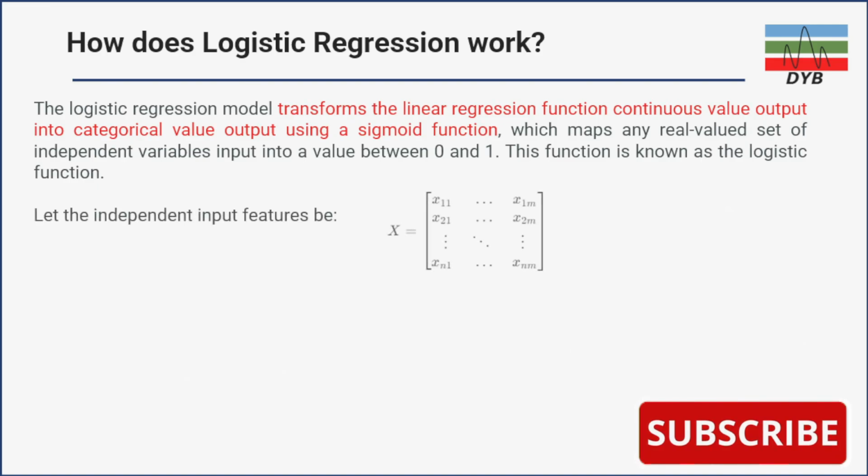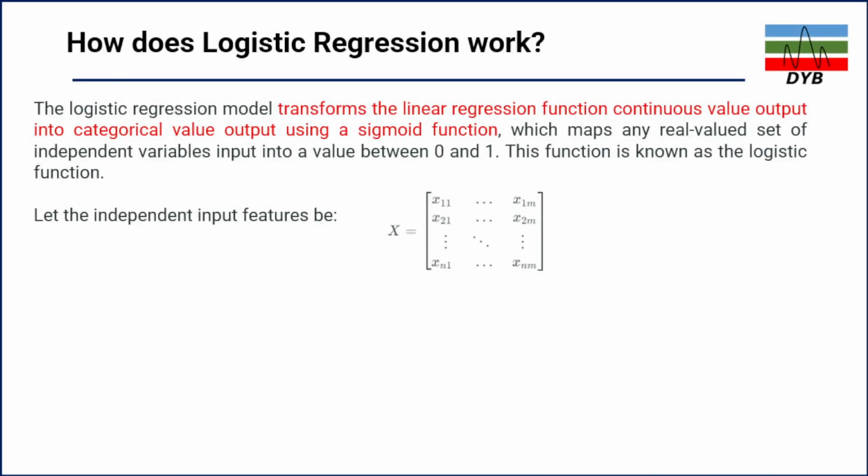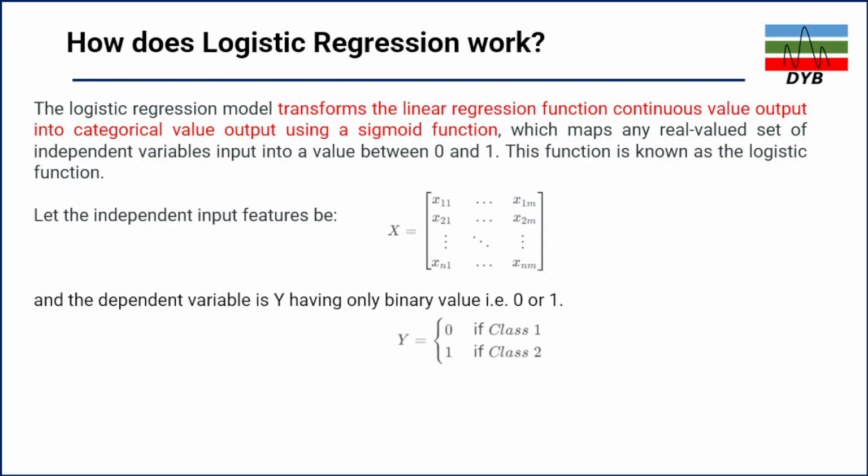So let's say we have the input features. We have multiple features, so it does not depend on just one or two, but has many independent inputs. Based on that, we have the dependent variable, which has different classes such as class 0 and class 1, so either yes or no, or yes in either way.